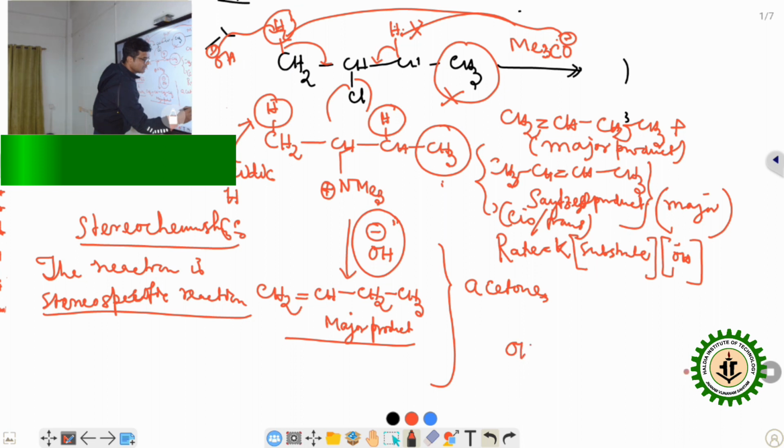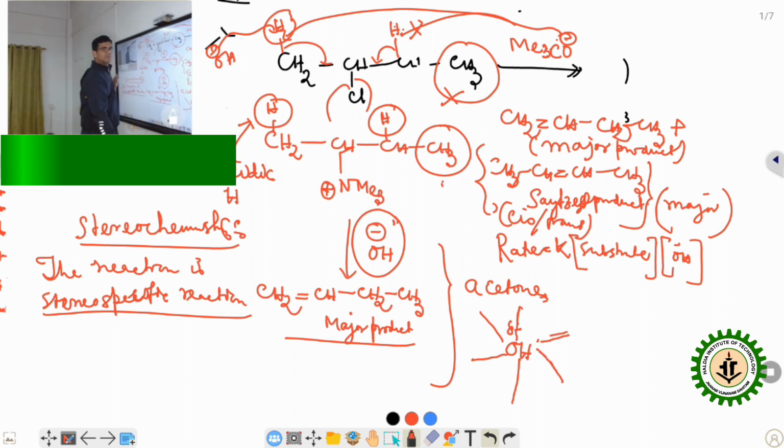The base will be solvated by polar protic solvent. Polar solvent can be of two types, polar protic and polar aprotic, but here it is a polar aprotic solvent.